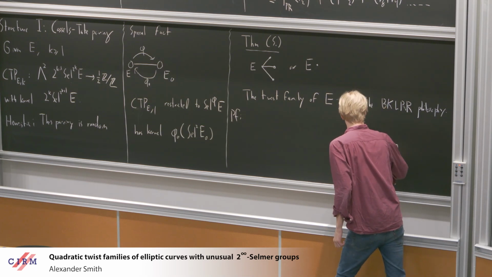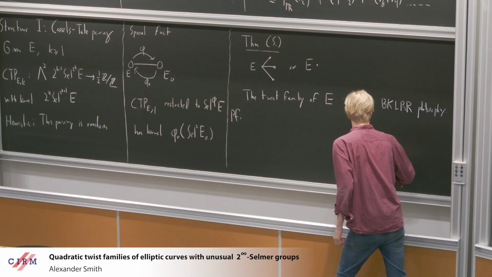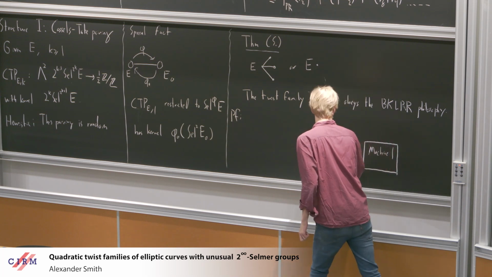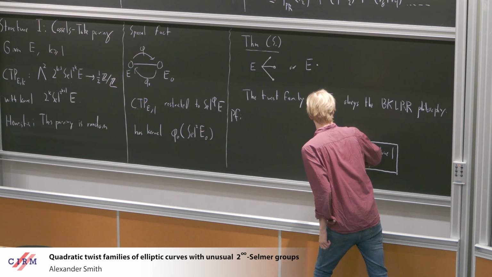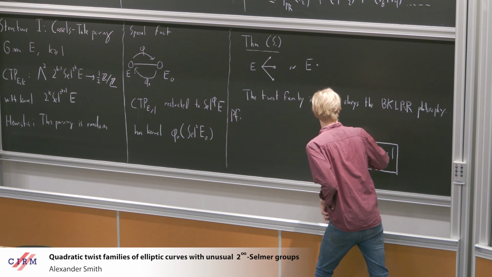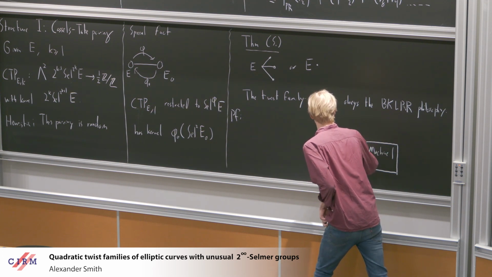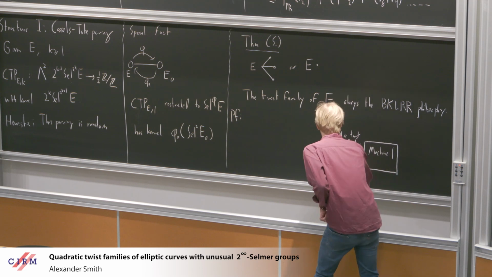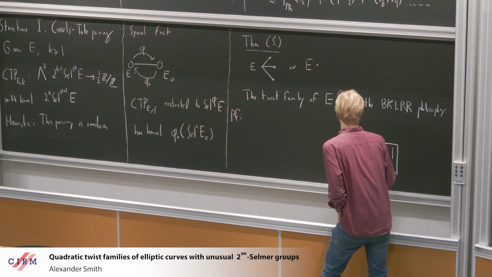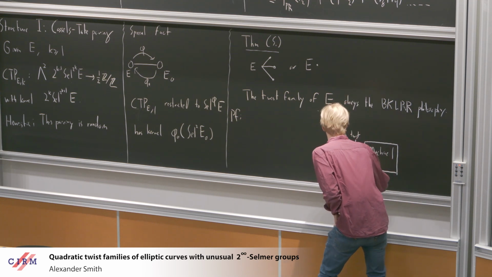And the first machine takes as input nice twist subfamilies. And specifically, the thing that makes them nice is that they have nice 2-Selmer groups.